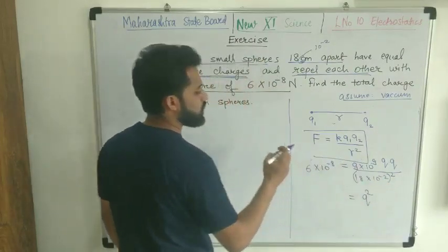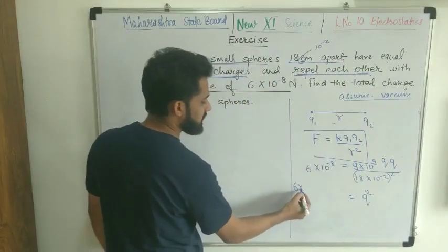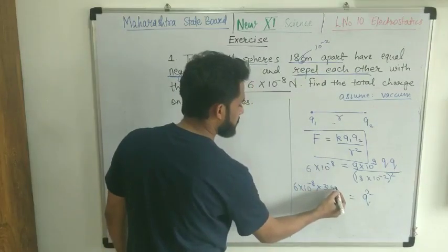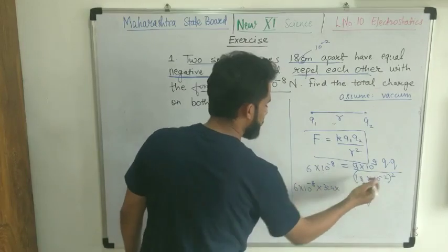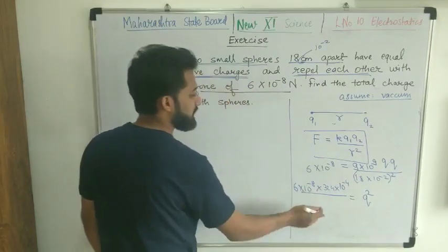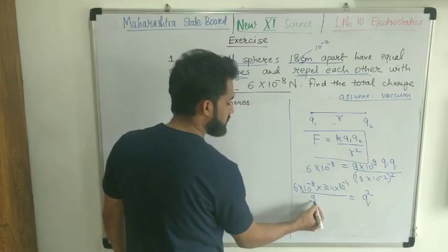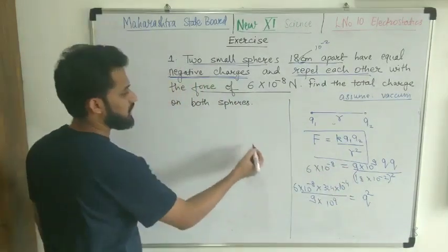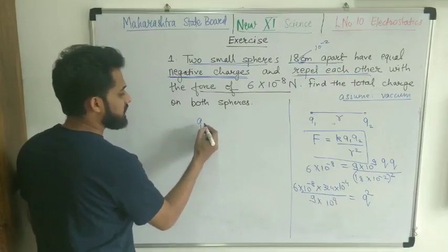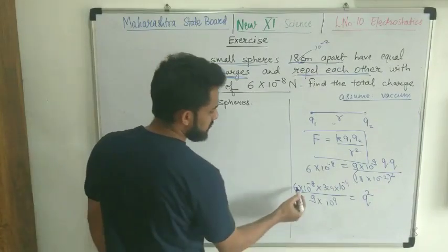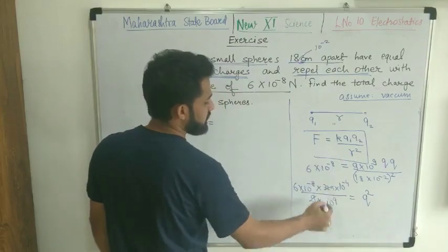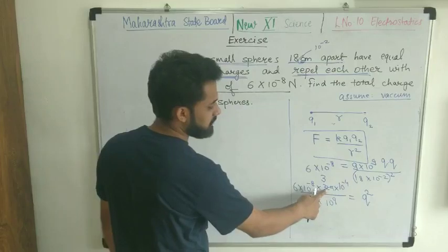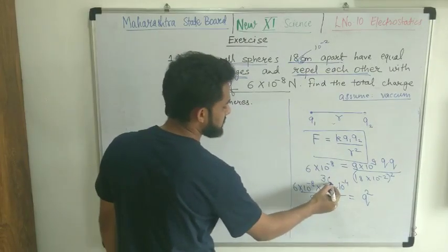If everything is brought to LHS, it will become 6 times 10 to the power minus 8 into 18 square is 324 into 10 to the power minus 2 square is 10 to the power minus 4, divided by 9 times 10 to the power 9 going in the denominator. On simplifying this, Q square will be, 9 3s are 27, 5 is left, 27, 5, 32, and 5, 4, 54, 6 are 54.